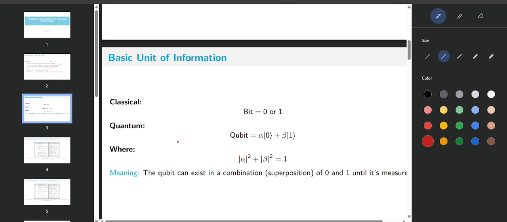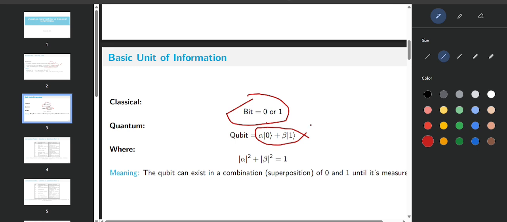Okay, so the basic unit of information. In classical computers, information is stored in bits, which can only be either 0 or 1, as I discussed earlier in this particular video. But in quantum, the basic unit, the qubit, is written as alpha ket 0 plus beta ket 1.